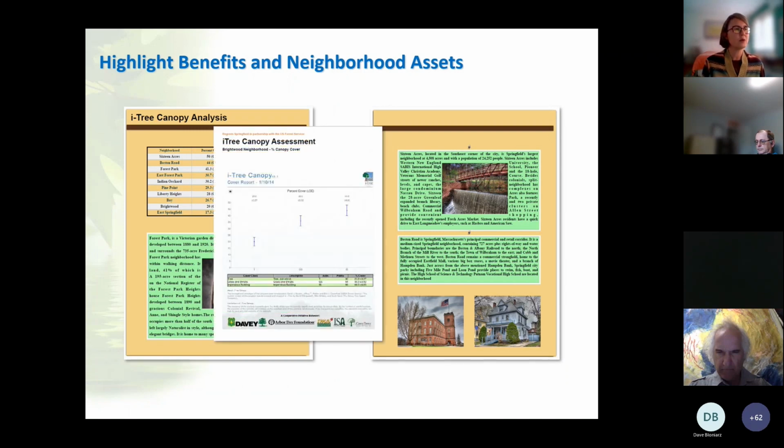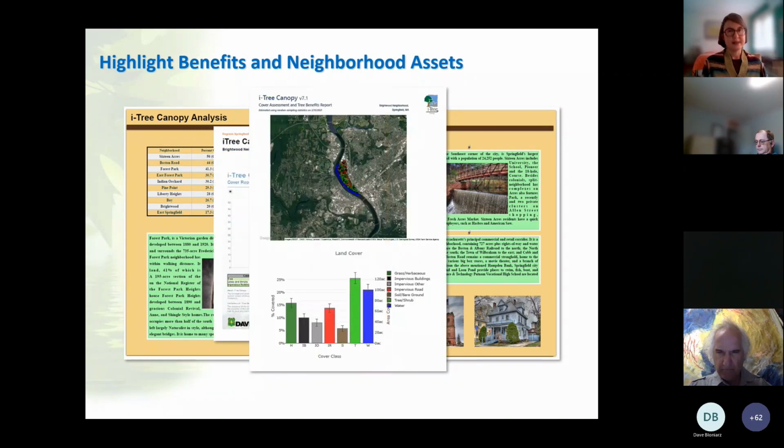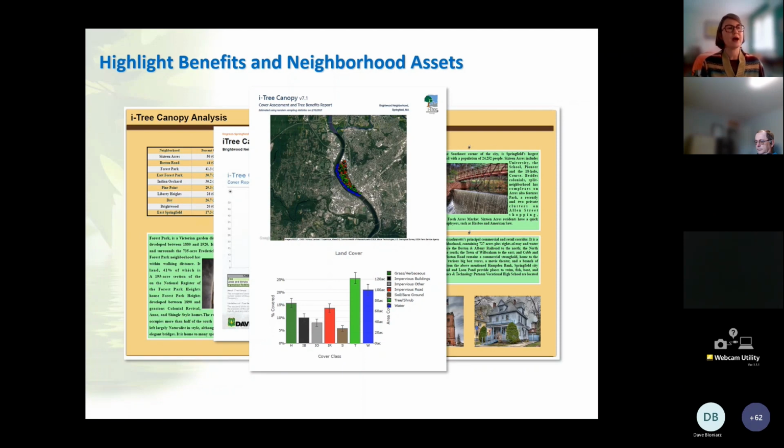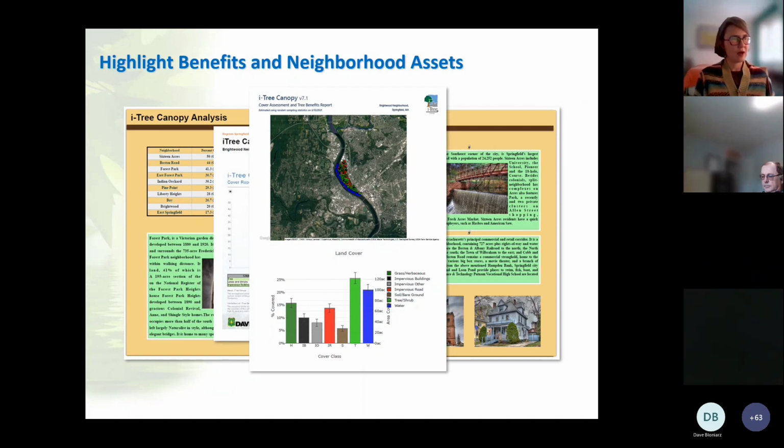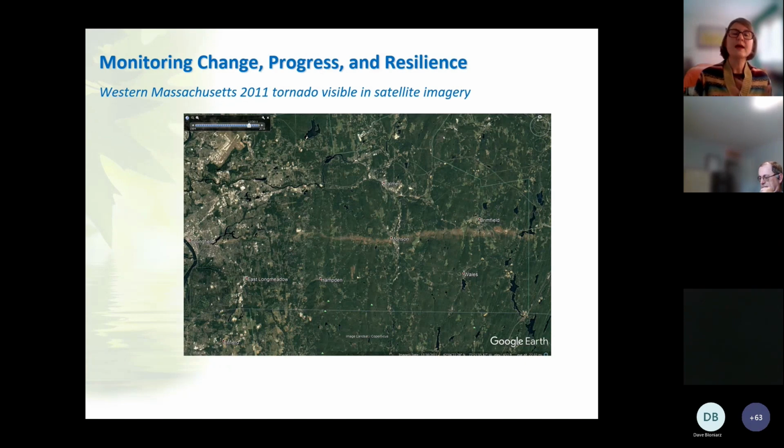So it really became a valuable way to take this data and information that existed or was complementary to what they were discovering about each neighborhood and put it in one format that was going to be visually compelling and was going to target information that Regreen Springfield wanted to highlight in terms of where neighborhood assets were and how they might put together projects to help that grow, whether it was looking in equitable locations or trying to increase canopy cover and canopy benefits for particular neighborhoods.